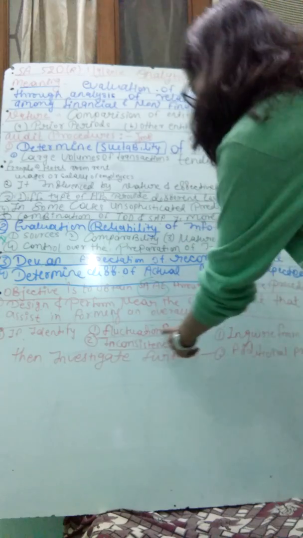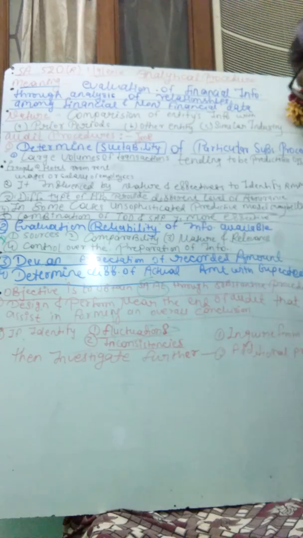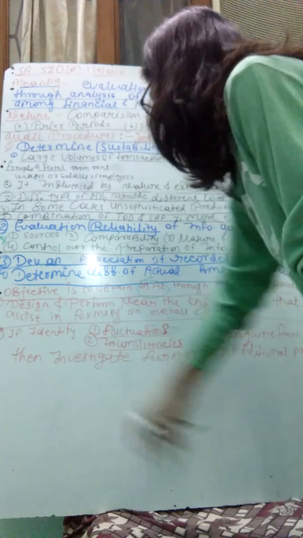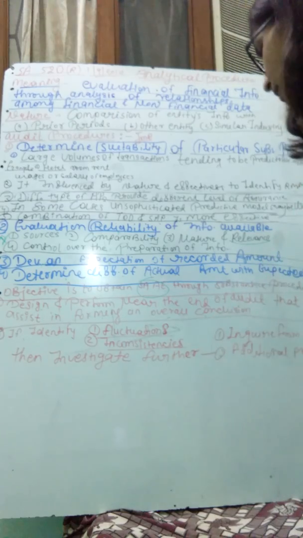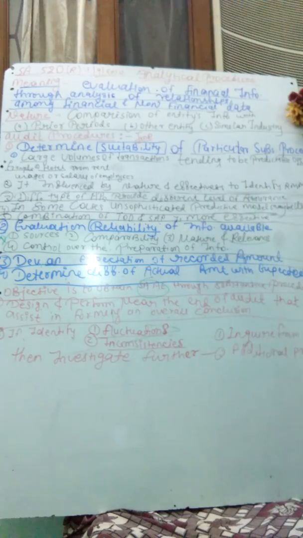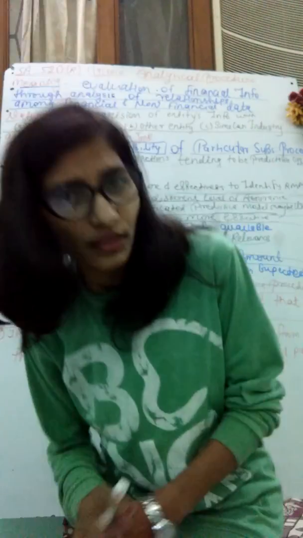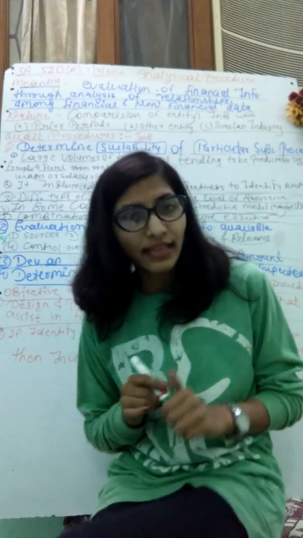If you identify any fluctuations and inconsistencies, then you investigate further, inquire from the management and apply additional procedures. This is all about SA 520.